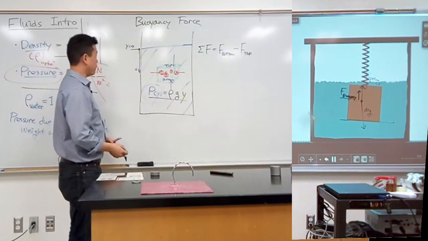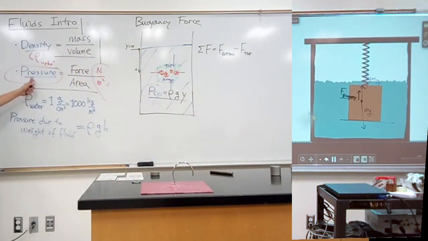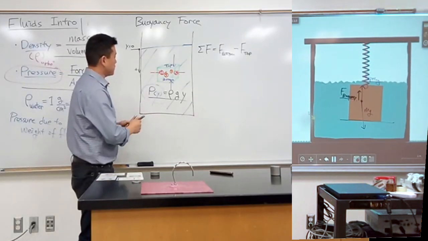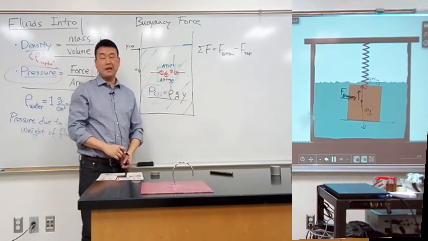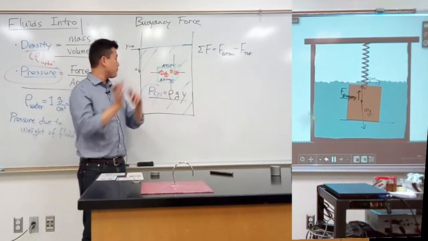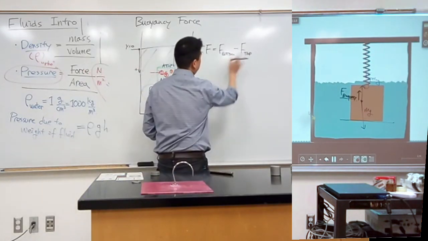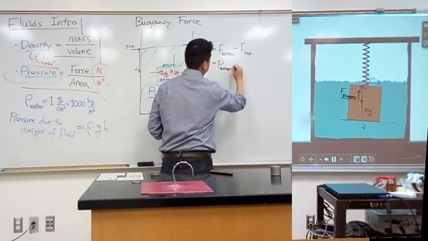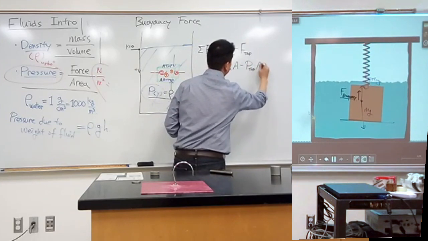So, all right, to express force, I go back to my definition of pressure. Pressure is force per area, so force is pressure times area. So I'm just going to suppose that this top and bottom have some area A. I have a feeling that I don't actually have to write down what that area A actually is. So I'll leave it that way. So the force on bottom minus top will be the pressure at the bottom times the area minus the pressure at the top, once again times the area.